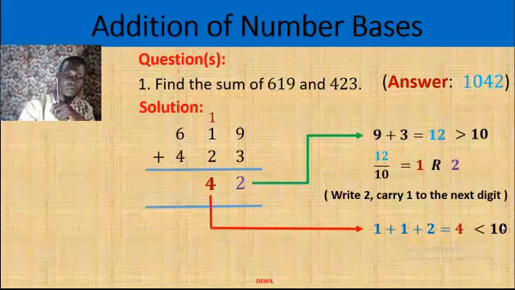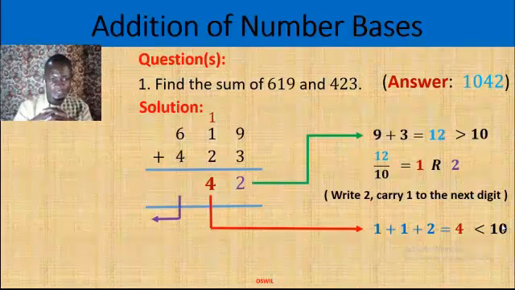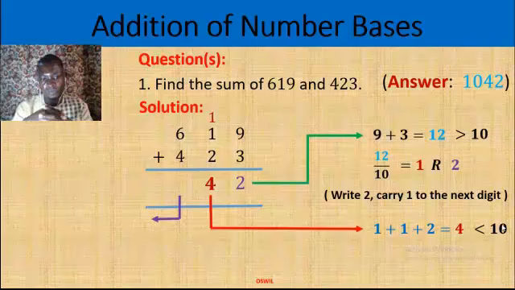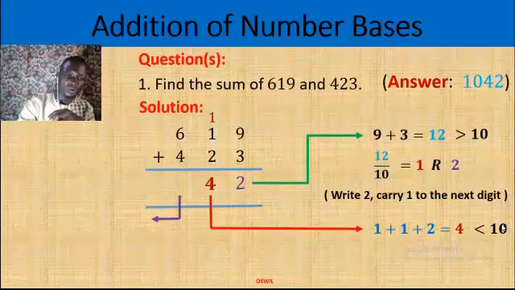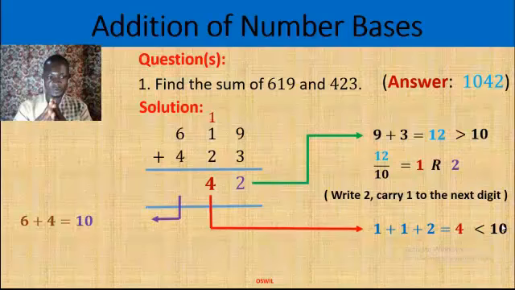Then we move to the other digits, that's 6 and 4, which would be our last thing to add. So we all know that 4 plus 6 would give us 10, or 6 plus 4 would give us 10.